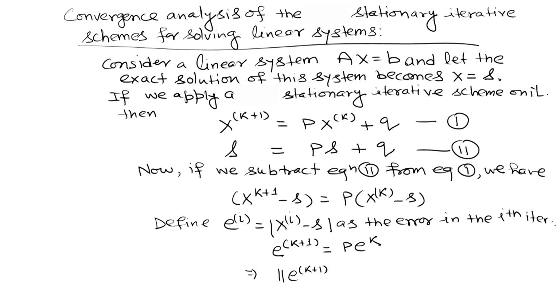norm of error, because this error will be a vector for different variables x1, x2, x3 up to xn. This can be written as norm of the error vector in the kth iteration. So, what we are having? We are having the norm of the error vector in k plus 1 iteration equals the norm of p times the error vector in the kth iteration, and this can be written as norm of p into norm of e_k.